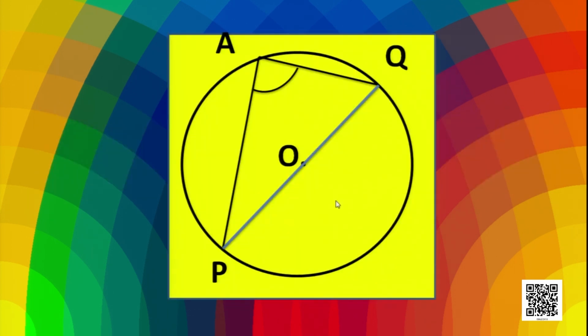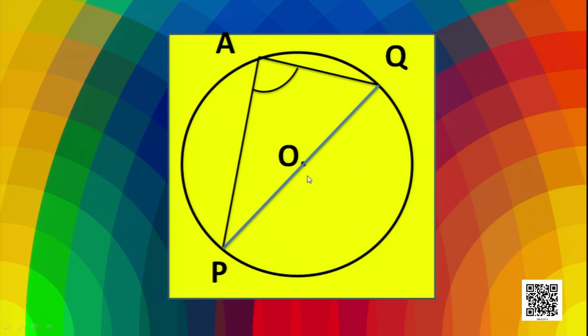If we look at this figure, as you know that PQ is a diameter, it divides the circle into two halves, that is two semicircles. If we consider one to be an arc and the rest part is also a semicircle, so POQ is 180 degree.